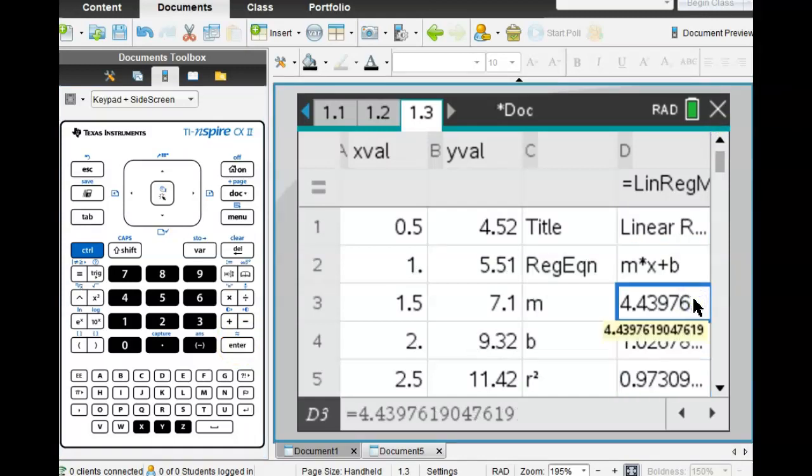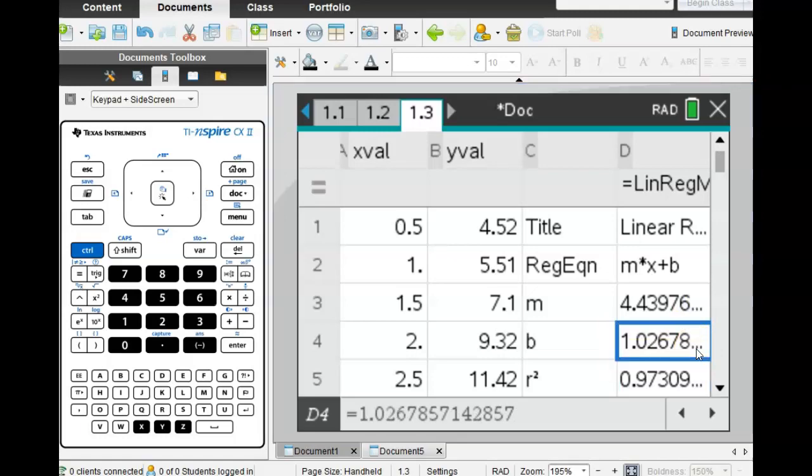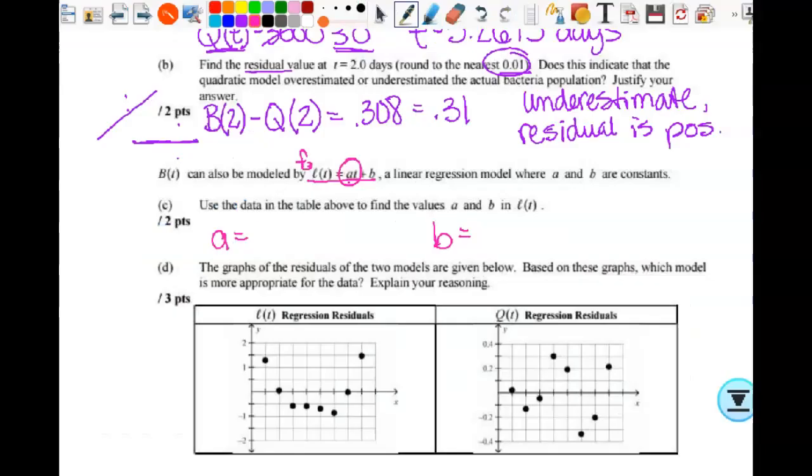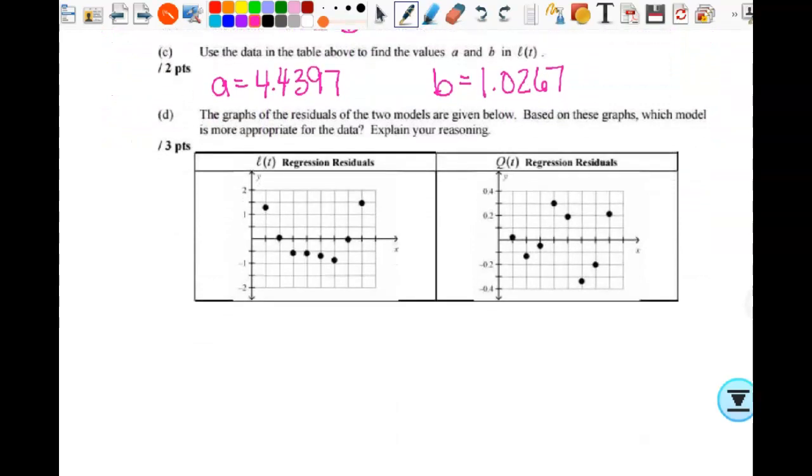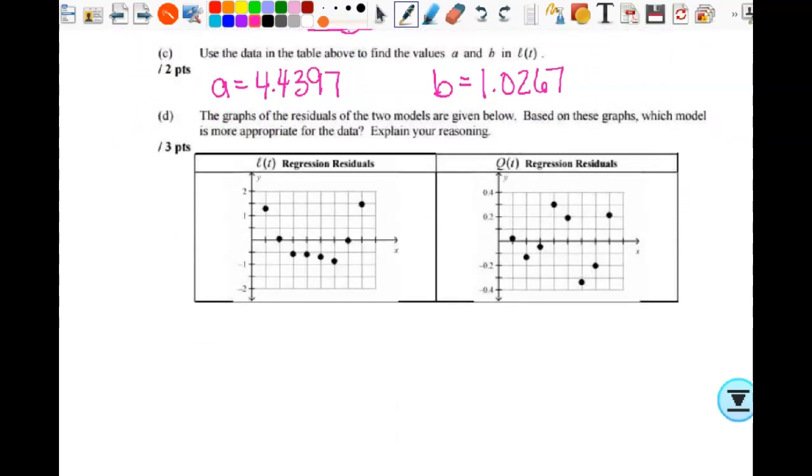So this is my A, this is my B. So A is equal to 4.4397, and B is 1.0267. Okay. All right, so then it says, and that's all it asks for. It doesn't say to write the equation, so we don't need to worry about that.